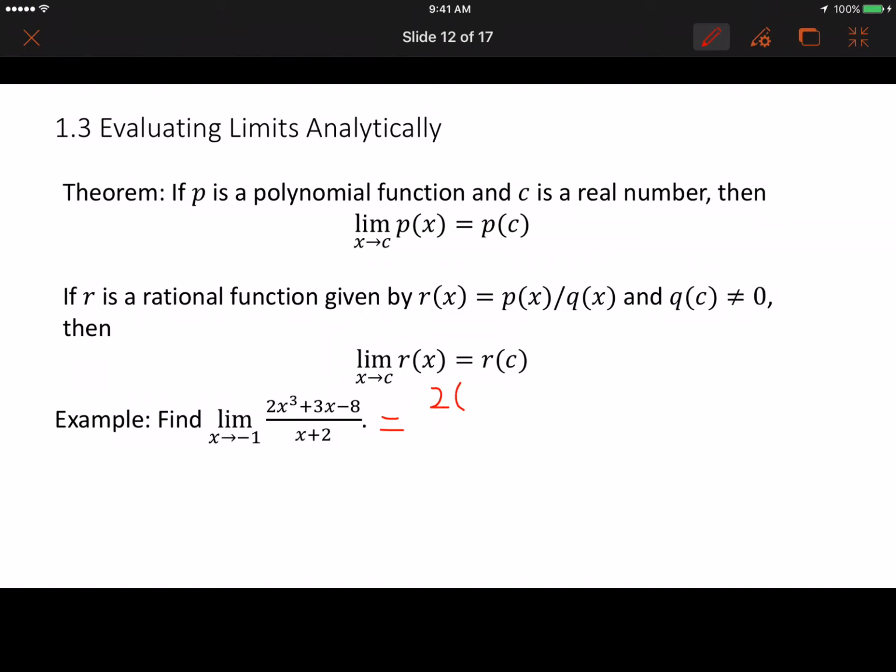So I get 2 times -1 cubed plus 3 times -1 minus 8 divided by -1 plus 2. And what is that? I have -2 minus 3, that's -5, minus 8 is -13 divided by 1, so -13.